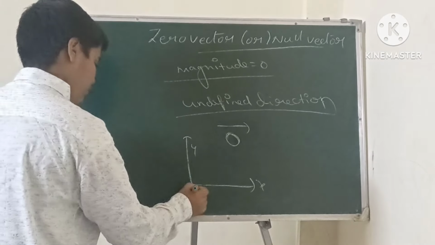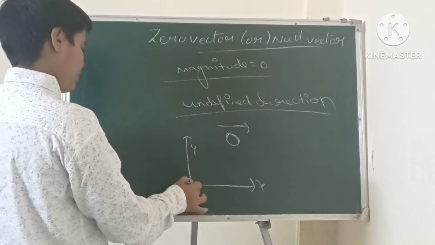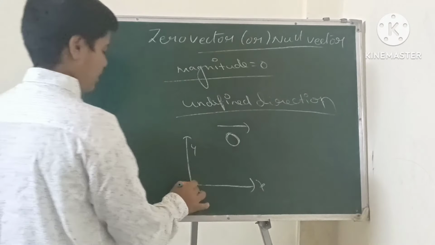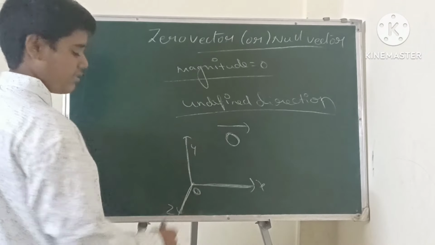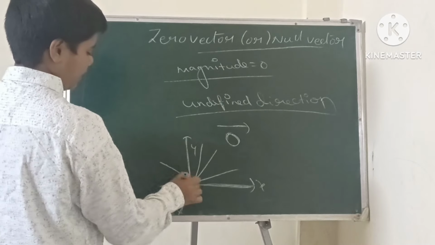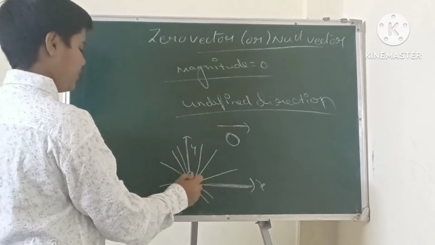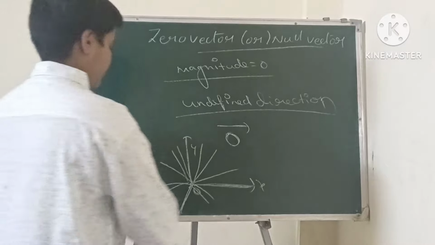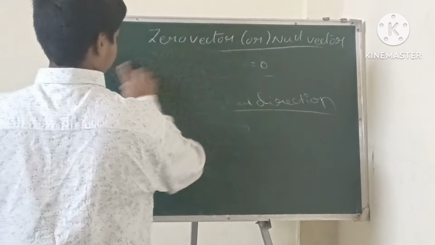Origin means the value along these three axes is 0. How can we say which direction the vector of magnitude 0 points? We could say the y-axis direction, x-axis direction, z-axis direction, or any other direction. So the direction of the origin is undefined. Okay, remember this point. So this is the zero vector.